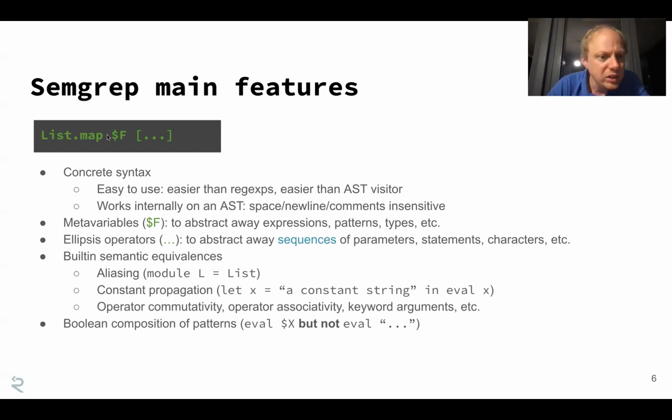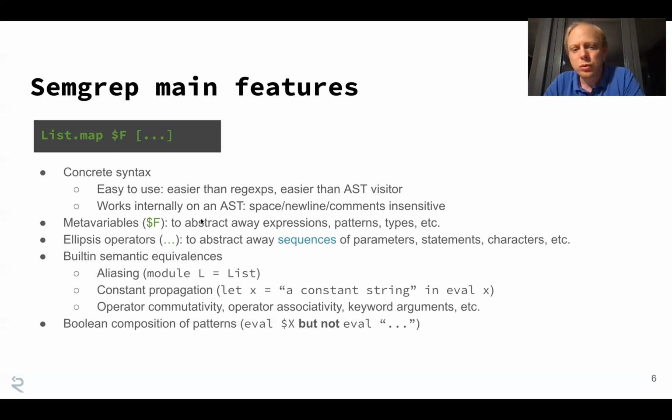And so, for example, in this example, there's one space between the map and the function argument. But in concrete code, you could have a new line, you could have comments after the list.map. It doesn't matter because the tool internally works on an abstract syntax tree. Another important feature is the use of metavariables, which are prefixed with this $ sign.